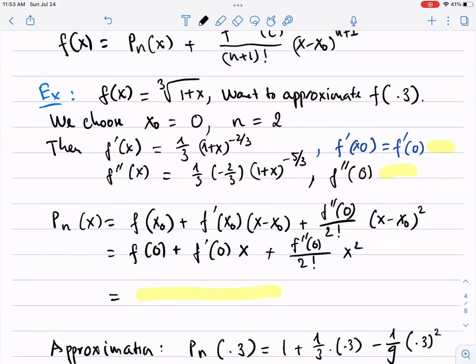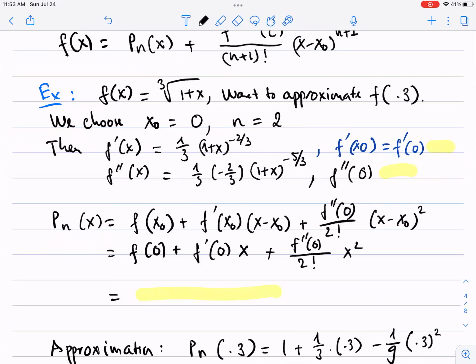Then we compute the Taylor polynomial of degree 2. In order to compute it, we have to compute the derivatives of the function of the first and second degree. The first derivative of the function is equal to 1/3 times (1 plus x) to the minus 2/3.